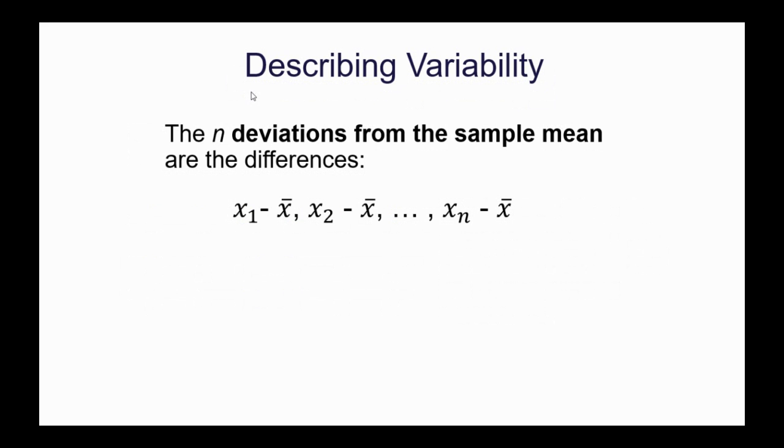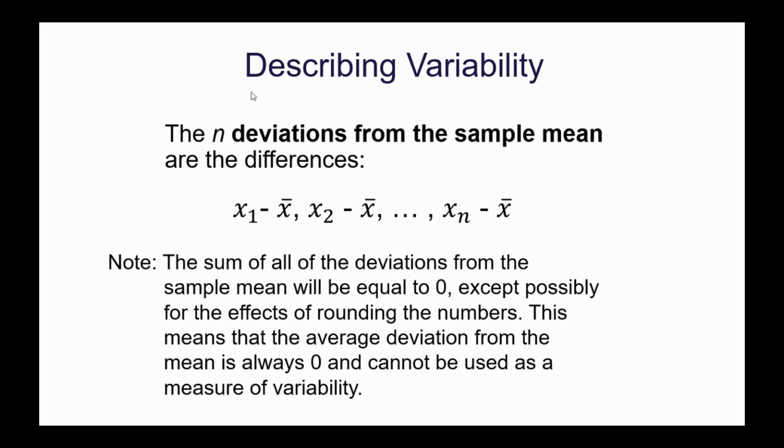But if we think back to yesterday, what did I say the mean did to the distribution? I'll give you a hint. That's why I was using the ruler. The mean balances the distribution. So one drawback to just using deviations is that if we add them all up, they're going to equal 0, because the mean is our balance point.